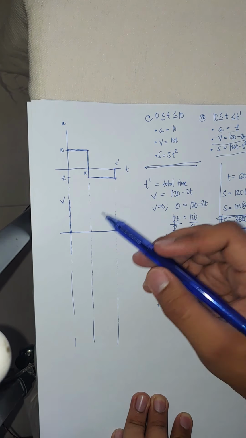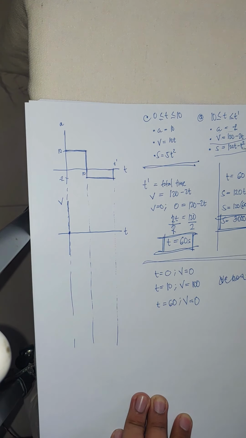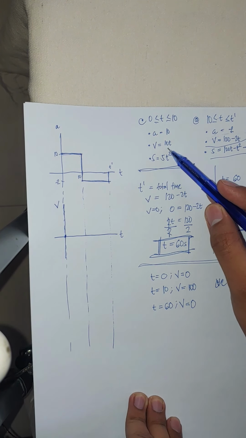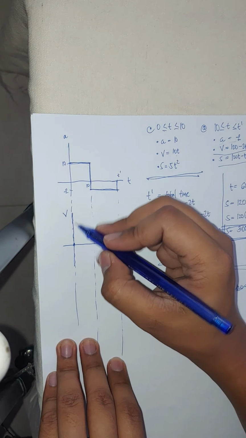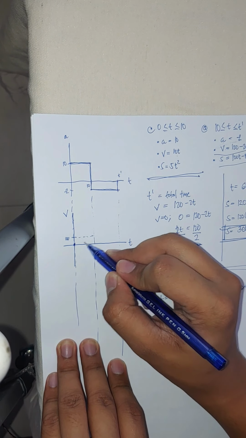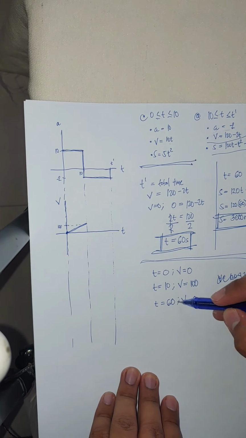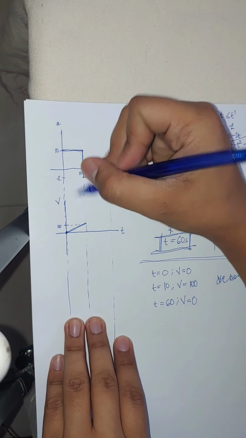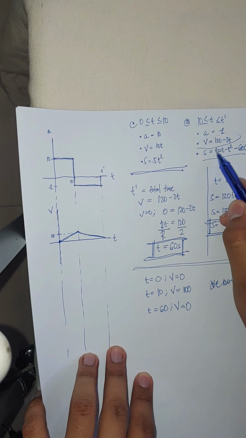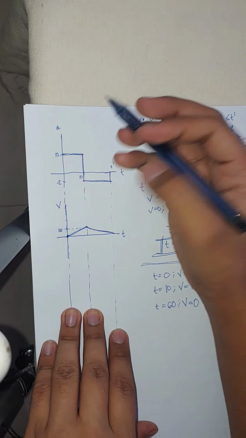We're going to use the first degree. Kung inyo makita, ang function niya is linear, so we have an inclined line diri. And then at time is equal to 60 seconds, velocity is equal to 0. Pababa siya. So, this is also a straight line because the function is a linear equation.